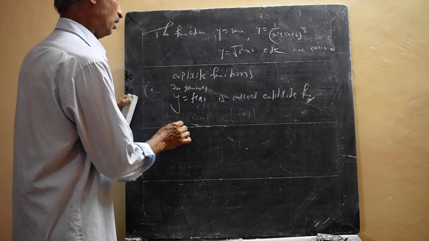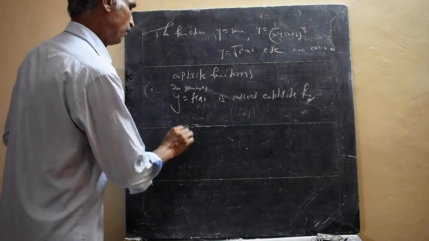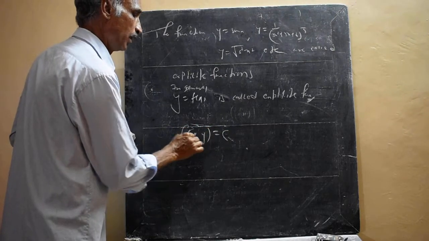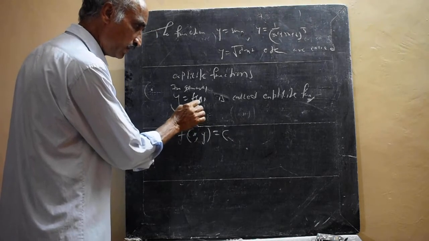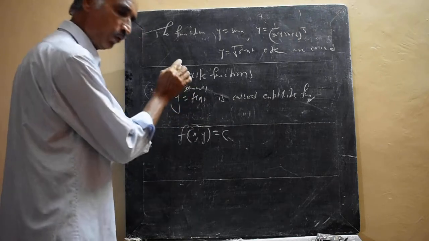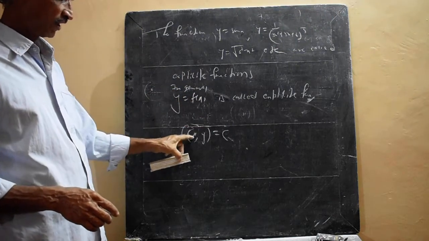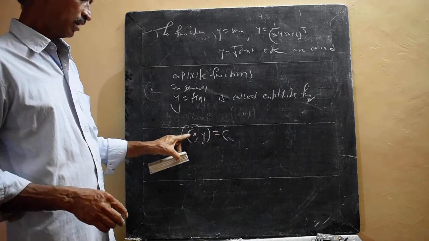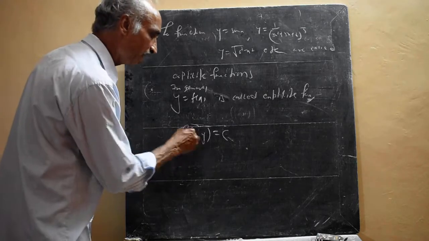Now, f of x comma y equals c. Look at f of x comma y: here the function is not of the variable x only. Earlier, f of x meant an expression only in x. Here f of x comma y equals c, where c is a constant, so the equation involves both variables x and y.